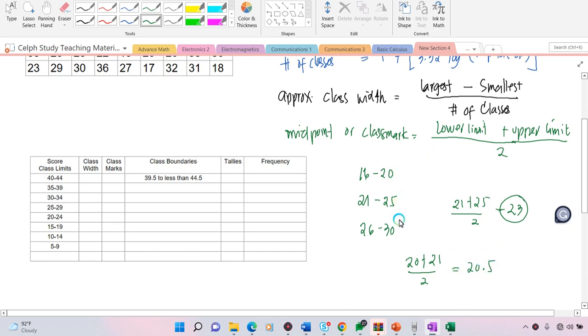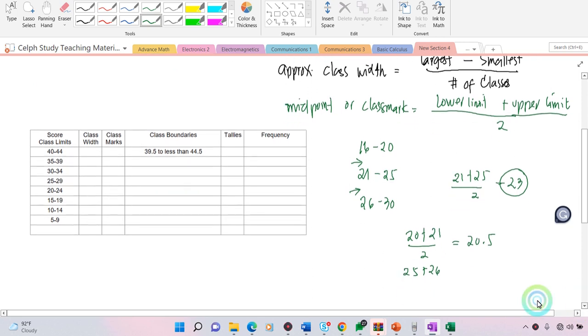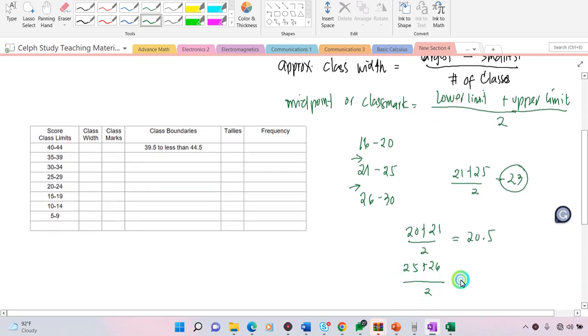Next, we have another class boundary: 25 plus 26 all over 2. That is 25.5.